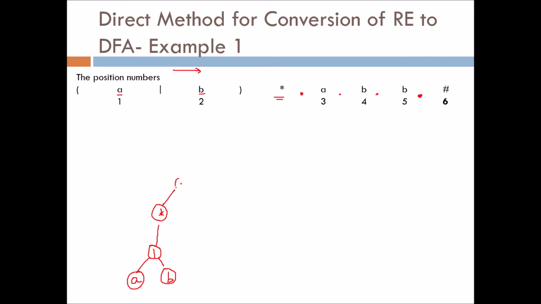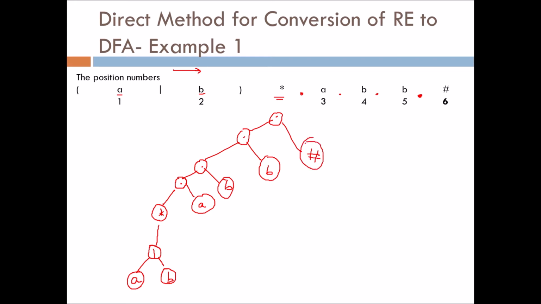To concatenate this part with A, it is further concatenated with B, further concatenated with B, and further concatenated with hash. And all these have been allotted position numbers.